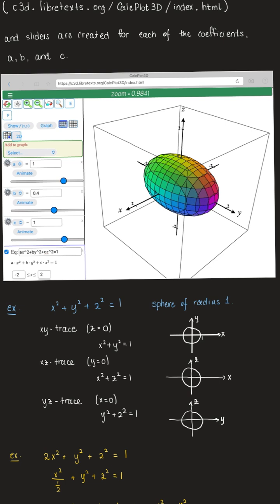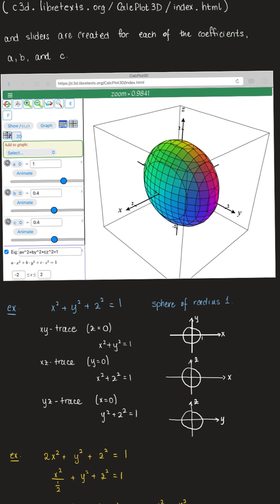And I can do the same thing with Z. I can make it shorter along the z-axis or longer along the z-axis, before we become negative, and we elongate the ellipsoid along z.